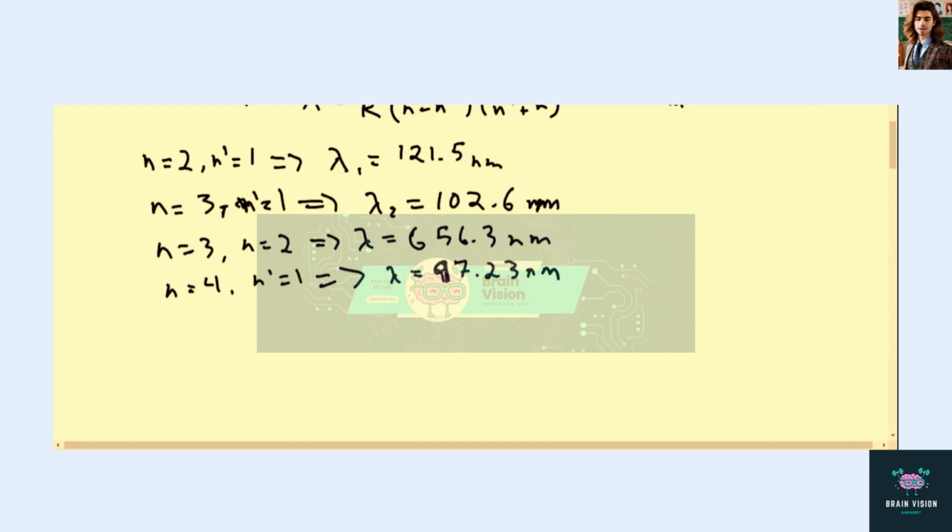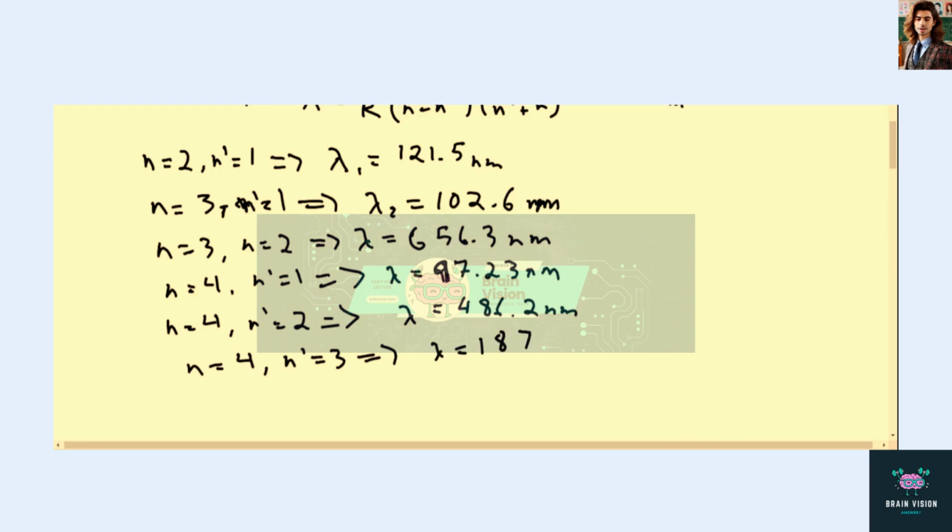Then from n equals 4 down to the second state, you calculate that wavelength is 486.2 nanometers. And from n equals 4 down to n prime equals 3, that wavelength should be 1875 nanometers. So that's it. That's all the wavelengths.